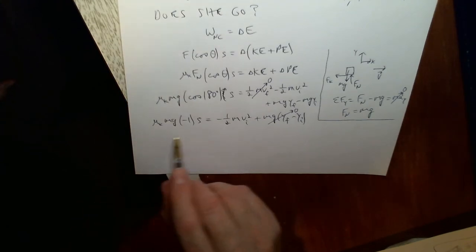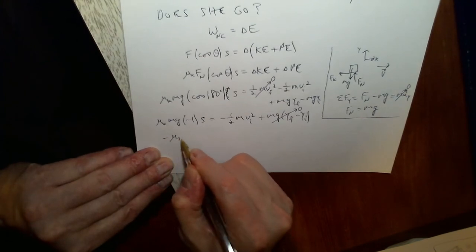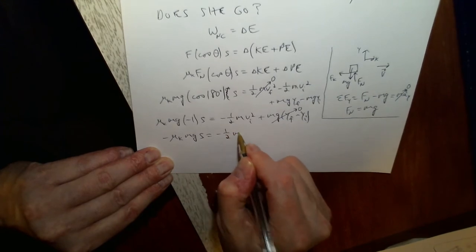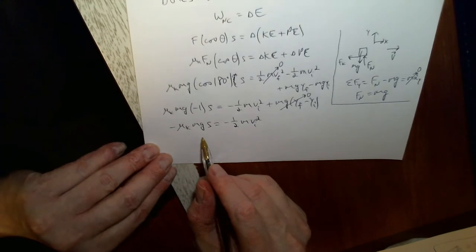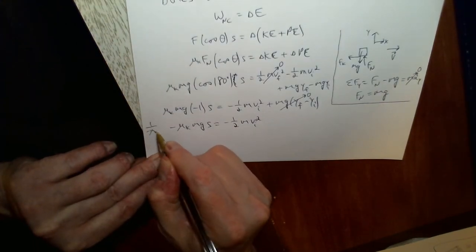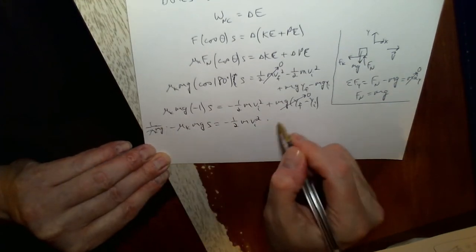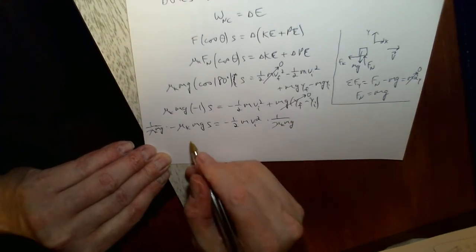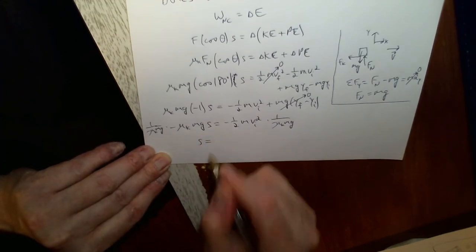So I wind up with this being my equation, right? I have minus mu k mg s equals minus 1/2 m v initial squared. And I want to get s, how far she goes. So I divide by minus mu k mg on both sides. And everything cancels over here except for the s. That's why I divided by minus mu k mg.